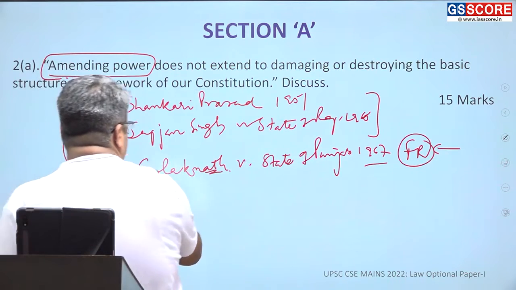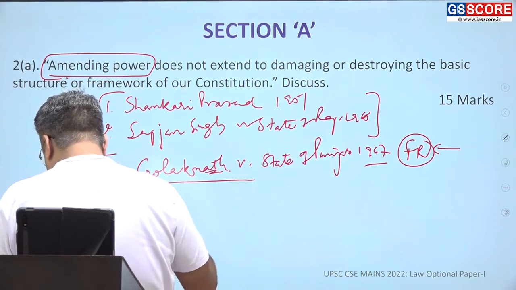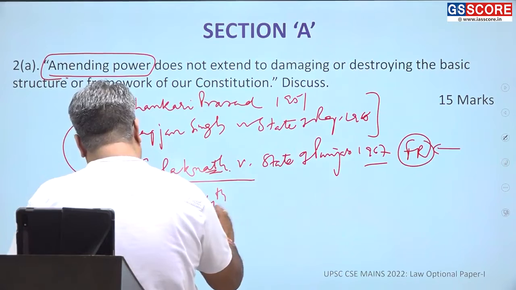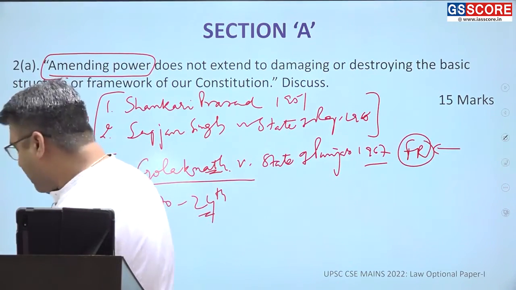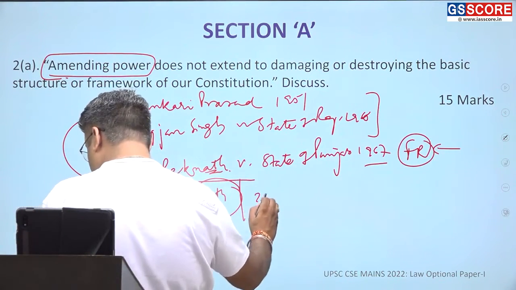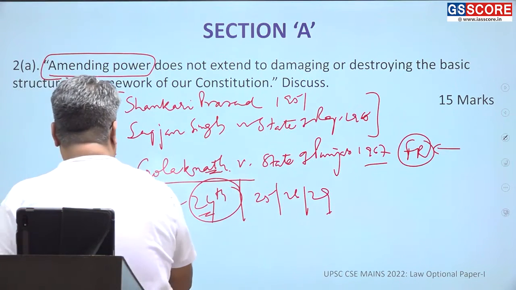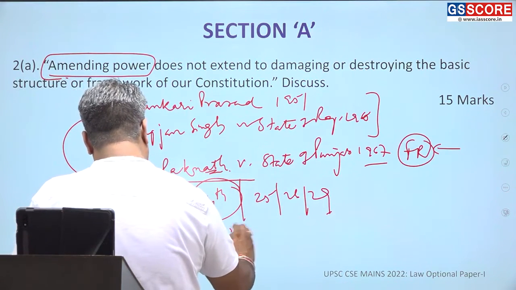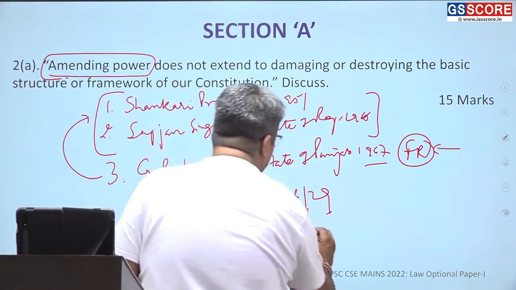To counter this judgment of the Supreme Court, the Indira Gandhi government brought in 1970 many amendments, more specifically the 24th, 25th, 26th and 29th Amendments, due to which there was a lot of controversy, and finally in the Keshavananda Bharati case, the Supreme Court held the basic structure doctrine.